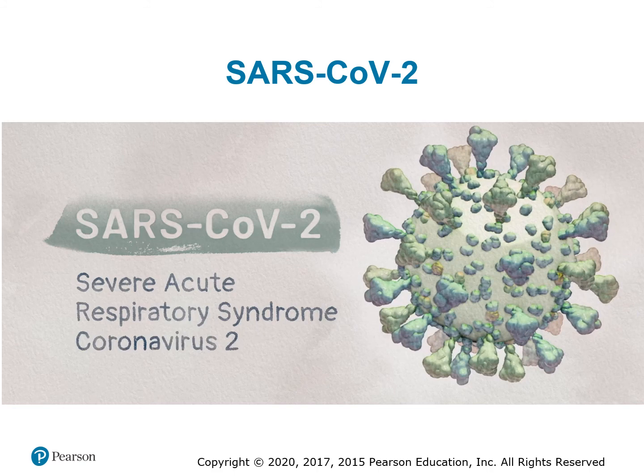I just want to mention just a few things about SARS-CoV-2. SARS-CoV-2 stands for Severe Acute Respiratory Syndrome coronavirus 2. It's named coronavirus because of these spikes here that kind of look like a crown.